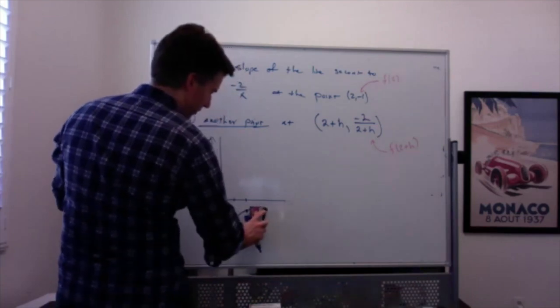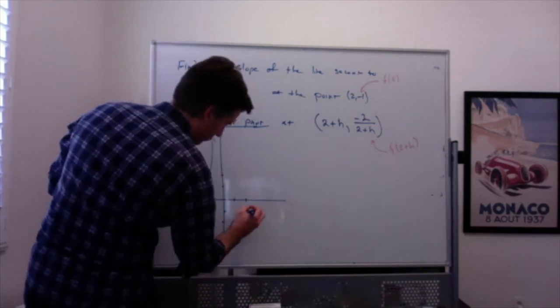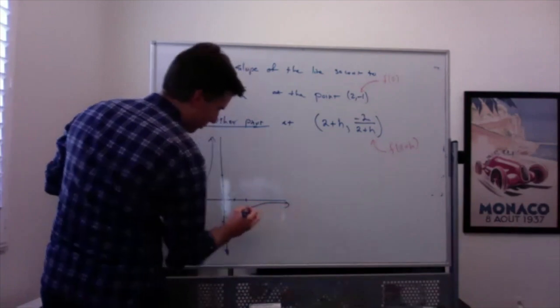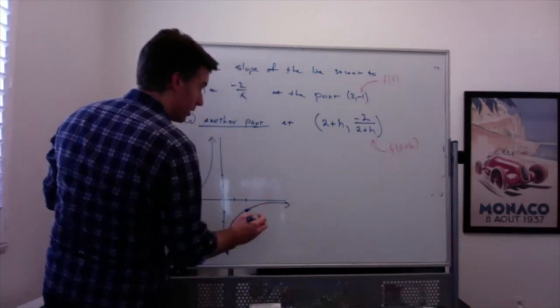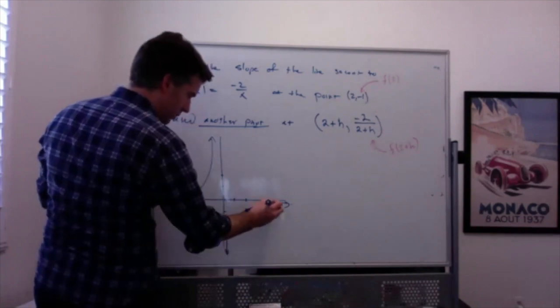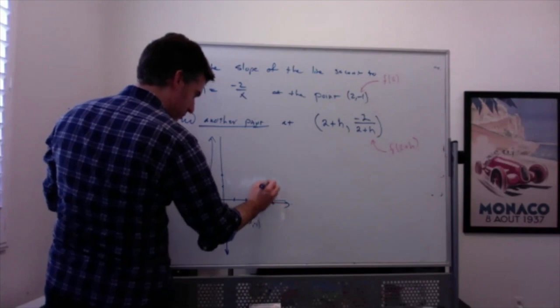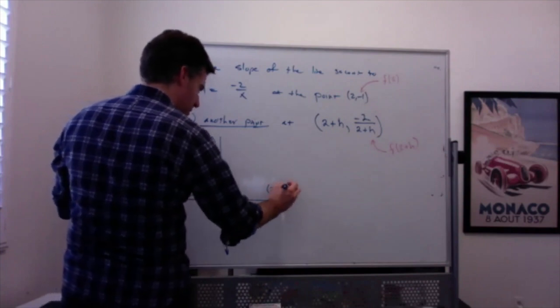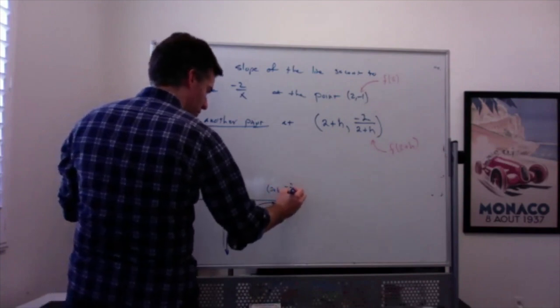So I'm going to give myself a little bit more credit here. So here's my point, 2, -1. And here's my other point, 2 plus h, comma, -2 over 2 plus h.